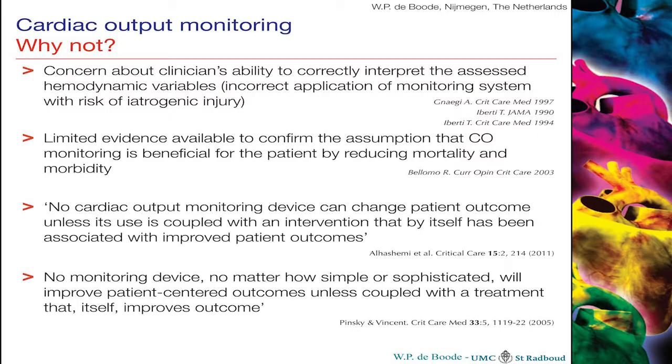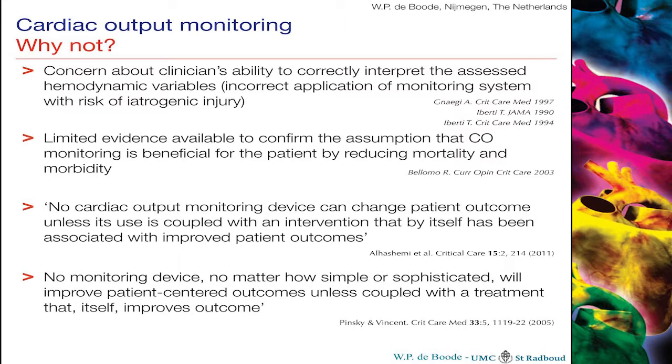Why not measure cardiac output? Well, there are some concerns from adult intensive care. They showed clinicians parameters derived from Swan-Ganz catheter studies, parameters for cardiac output, wedge pressure, etc., and the majority wasn't able to interpret the variables correctly.